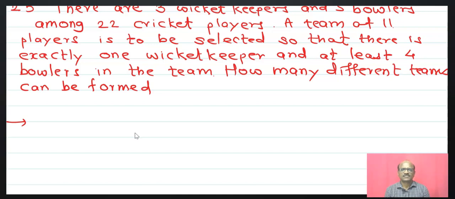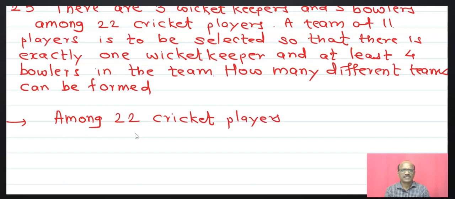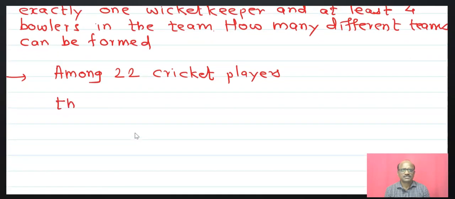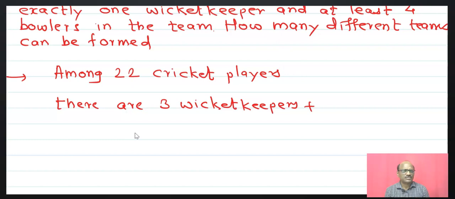Now here, among the 22 cricket players, there are 3 wicket keepers, and out of these 3 we can select one. 5 bowlers are there, that is equal to 8.